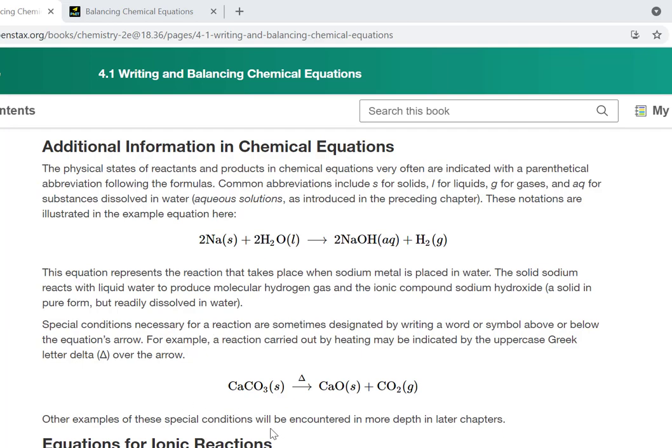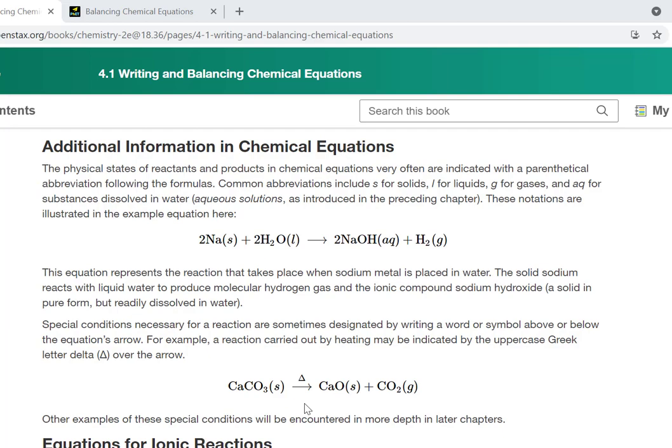There are other things that will sometimes show up in the balanced equation. One of the more common ones is this thing that looks like a triangle, the Greek letter delta. Of course, we're all hearing about deltas right now, but in the context of how this has been used in chemistry for a long time, we use the Greek letter delta to indicate a change in something.